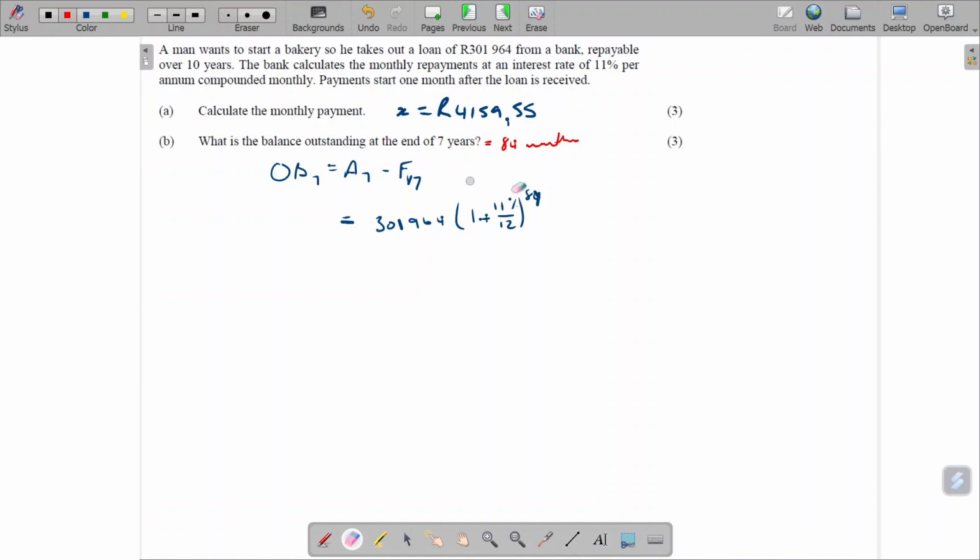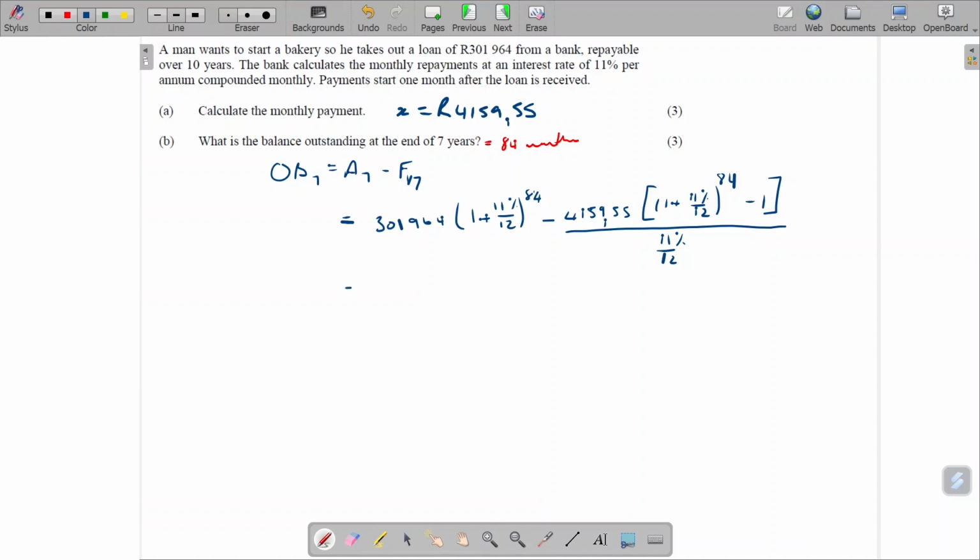It's a bit untidy, so let me rewrite that. Minus what he has repaid: 4,159 Rand 55 cents times 1 plus 11% over 12 to the power of 84, minus 1, all over 11% over 12.